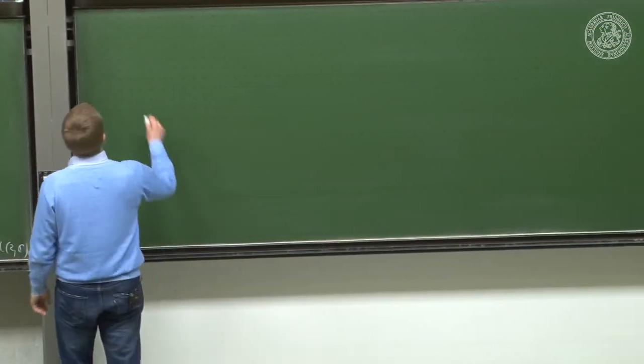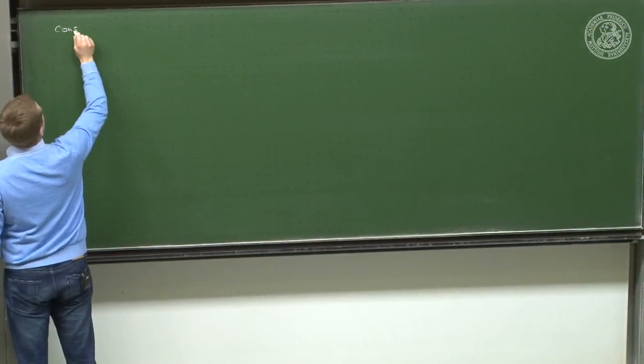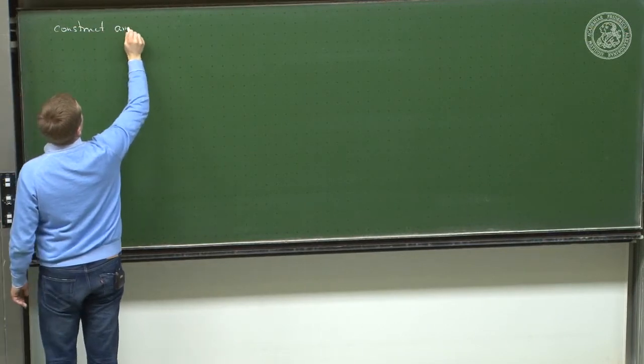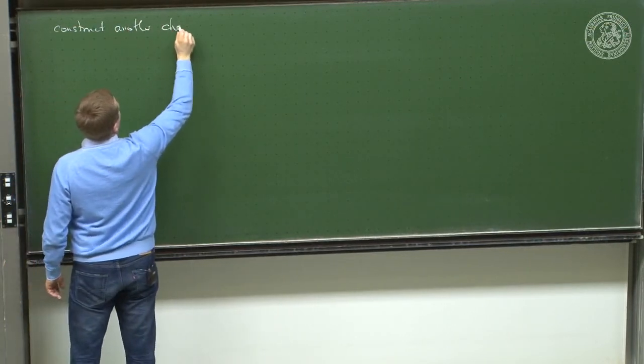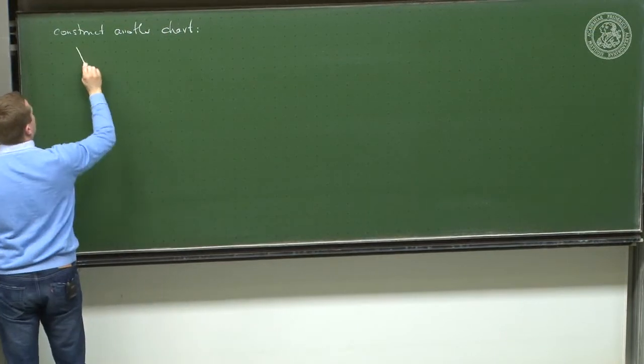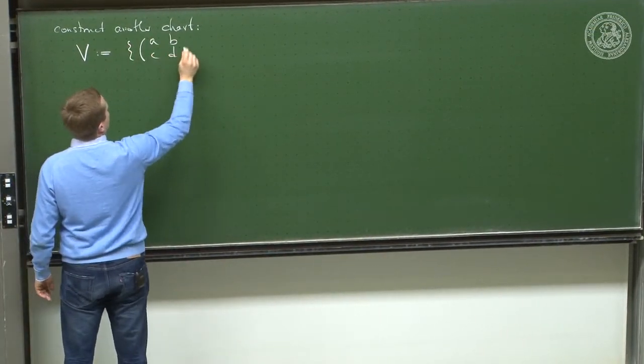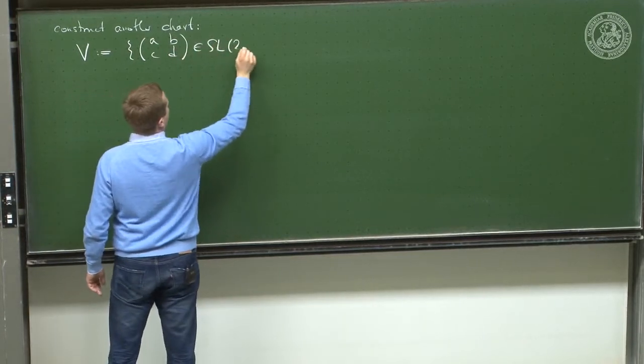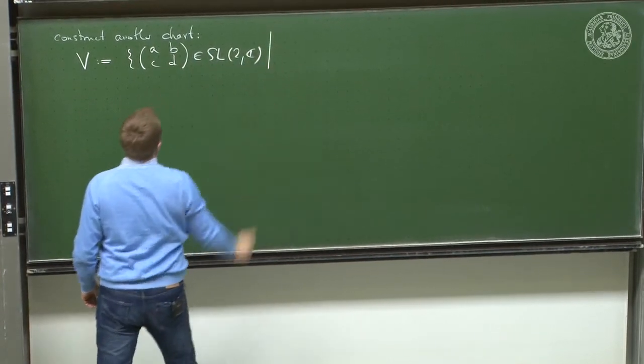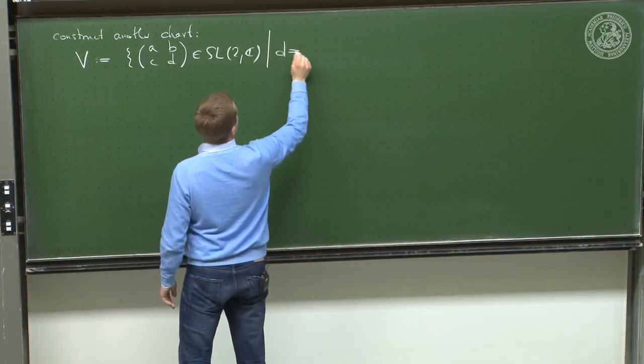Okay, so construct another chart. So let's call that chart V, and that is A, B, C, D in SL2C. And now I let the D be non-zero.